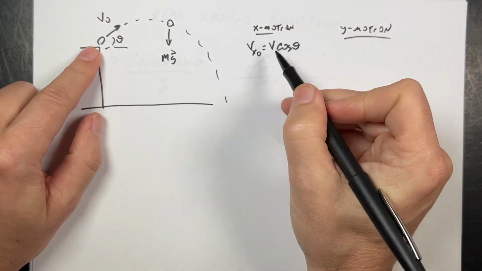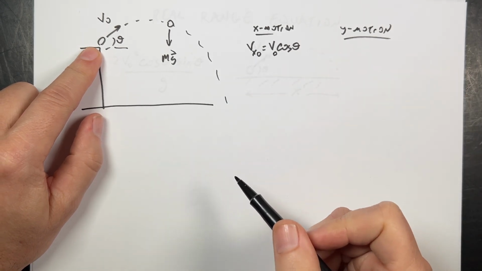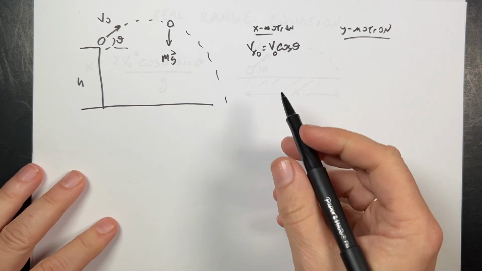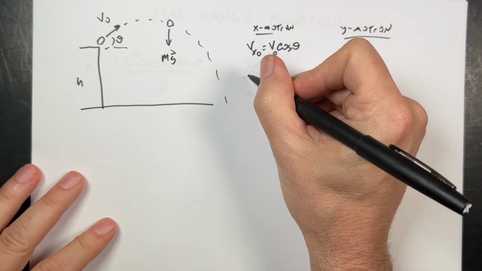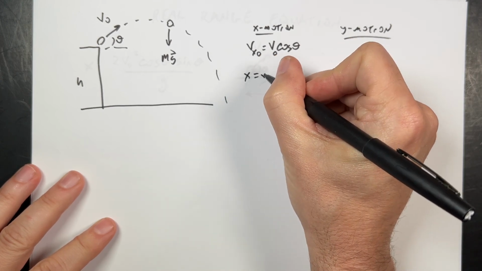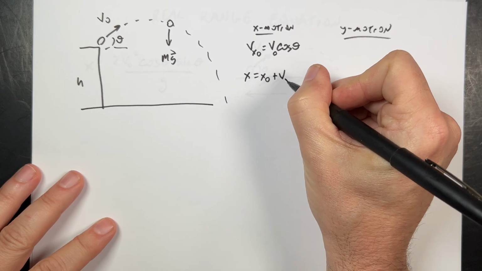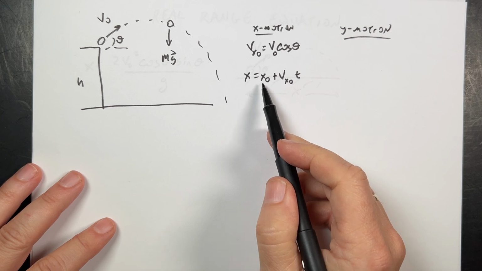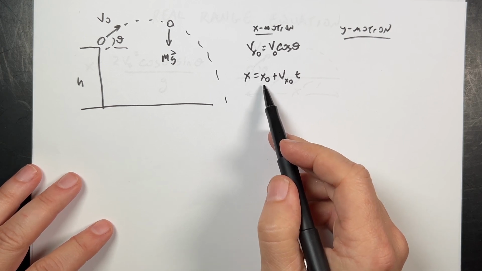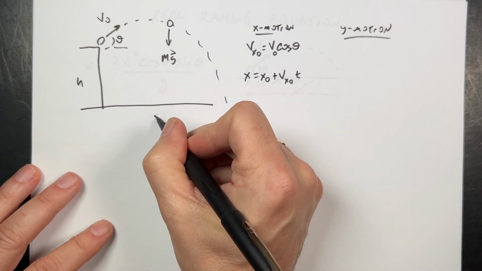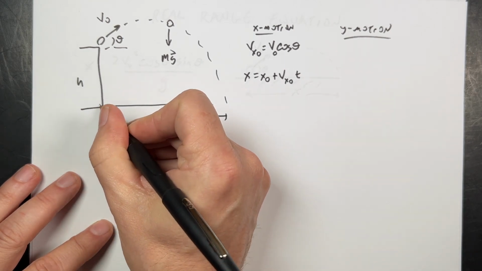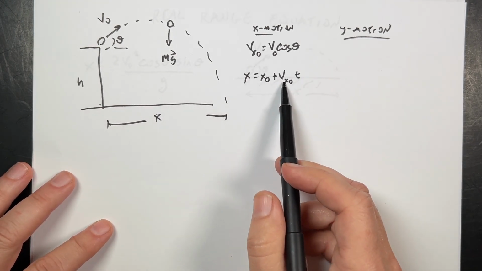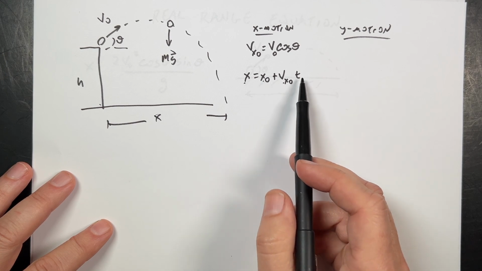So the initial velocity times the cosine theta is the x velocity. And with that, I only get one equation. It looks like this. x equals x initial plus Vx initial t. So this is assuming that t equals 0, it's at x equals 0. And this would be my final position x, and this is my initial position x0. And we want to find that. I'll assume x0 is 0, but I don't know the time.